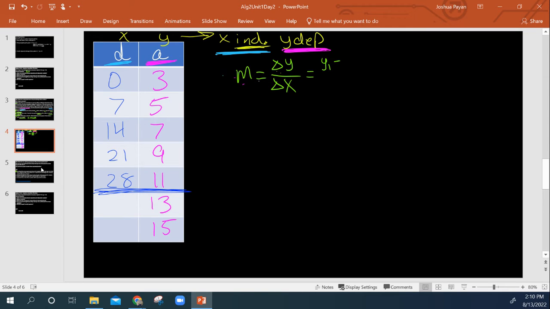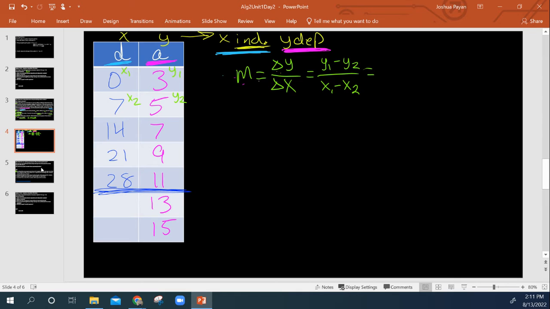The change in y is expressible arithmetically like so. The change in x similarly is expressible like that. If we use this simple formula mathematically, we say that this is x1, y1, and x2, y2.